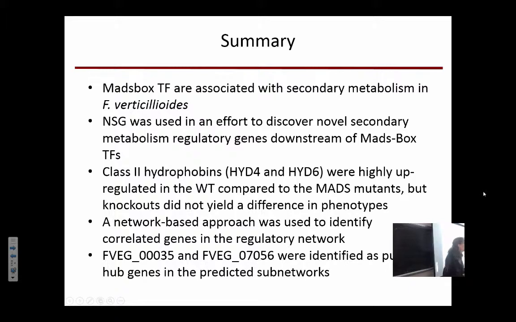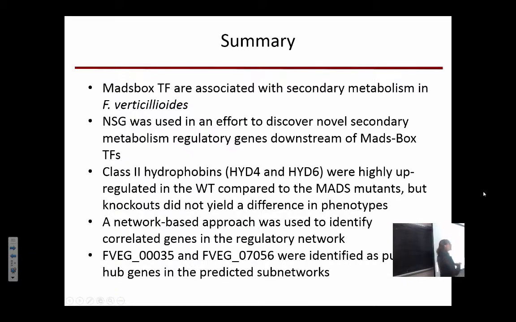So just a quick summary. MADS transcription factors are associated with secondary metabolism of Fusarium verticillioides. We use next-generation sequencing, or RNA-Seq, in order to discover novel secondary metabolism regulatory genes downstream of MADS transcription factor. Using the conventional approach, I identified 2 highly differentially expressed genes, including HYDE4 and HYDE6. I knocked them out, but unfortunately, we didn't get the anticipated phenotypic results.